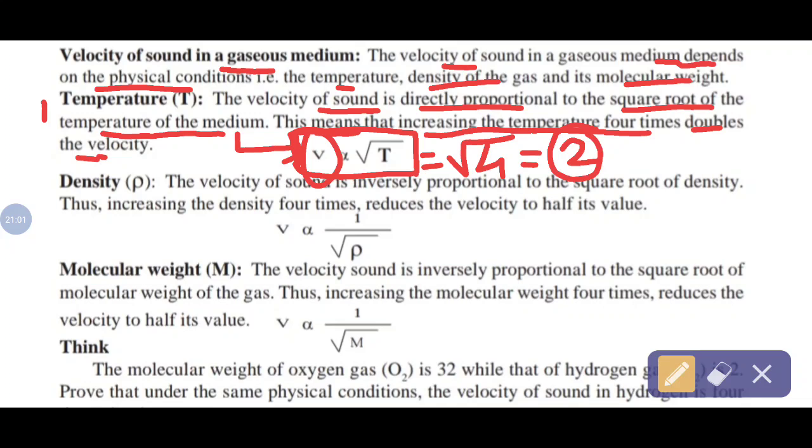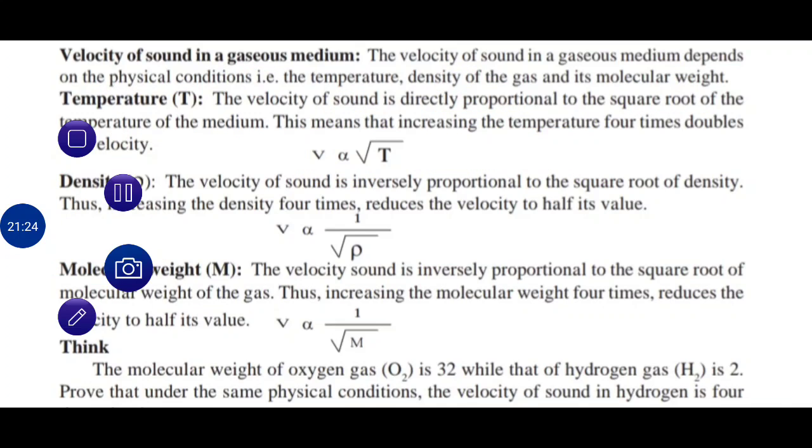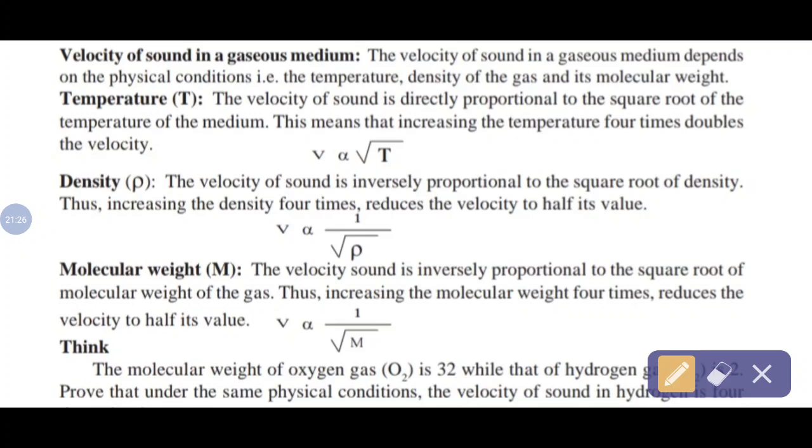All are getting? Now second point, density. Indicated as a symbol. The symbol is like this, and this symbol is called rho. That is a Greek symbol. By using this symbol, we indicate density. Now check that. The velocity of sound is inversely proportional to the square root of density.